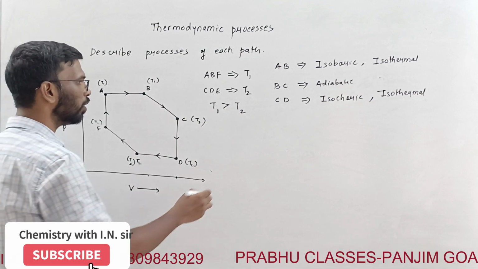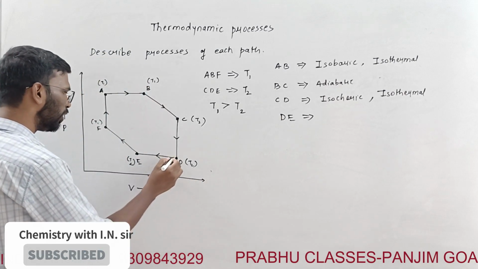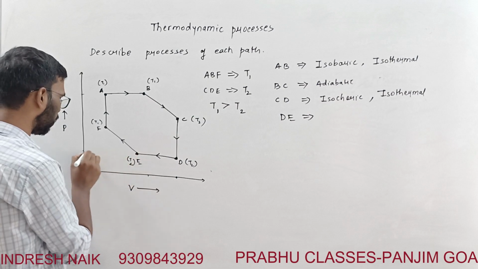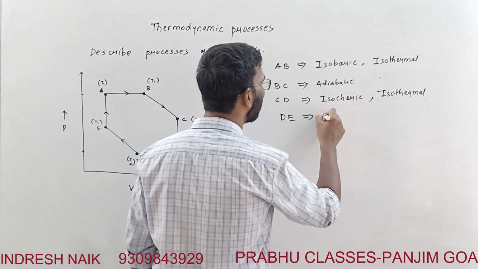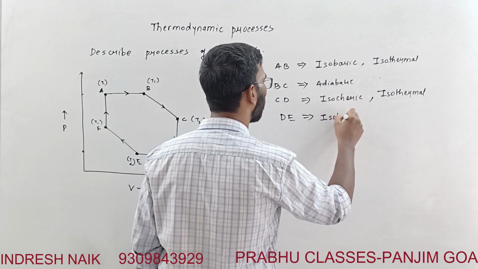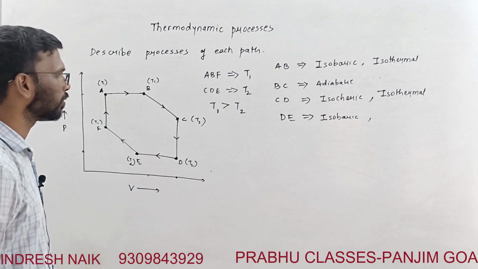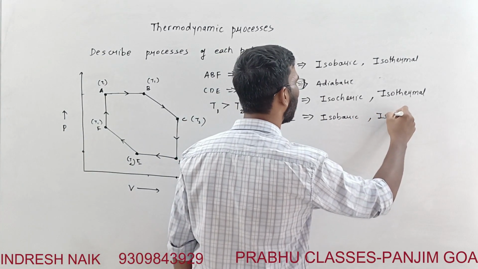From D to E, the DE process is what? Pressure is constant, right? Here is this pressure, and here also it is the same pressure, right? So it is isobaric, and temperature is also constant, so I will say this is isothermal.